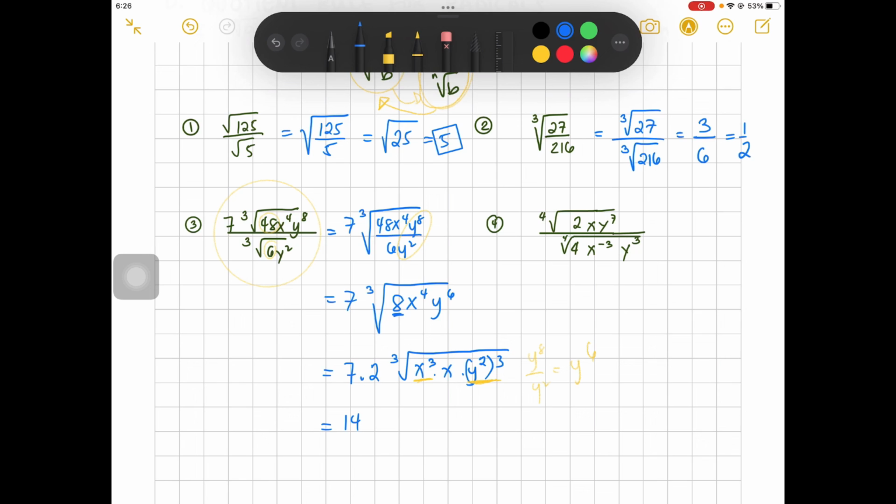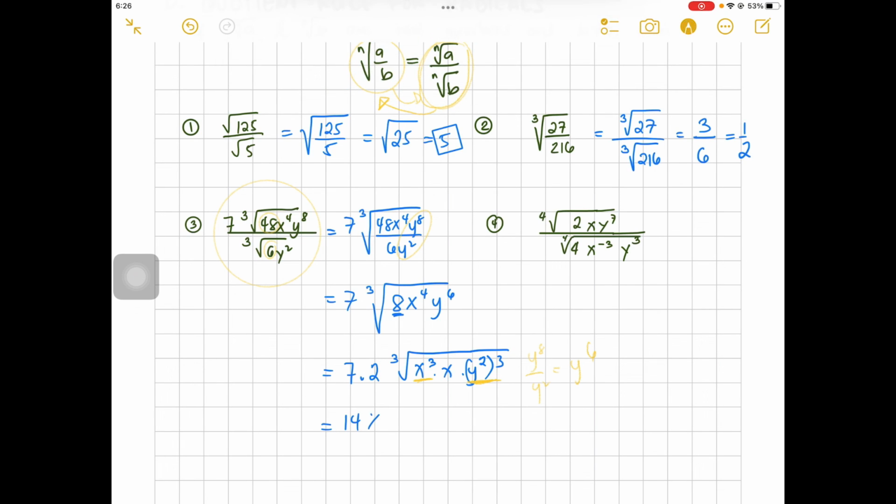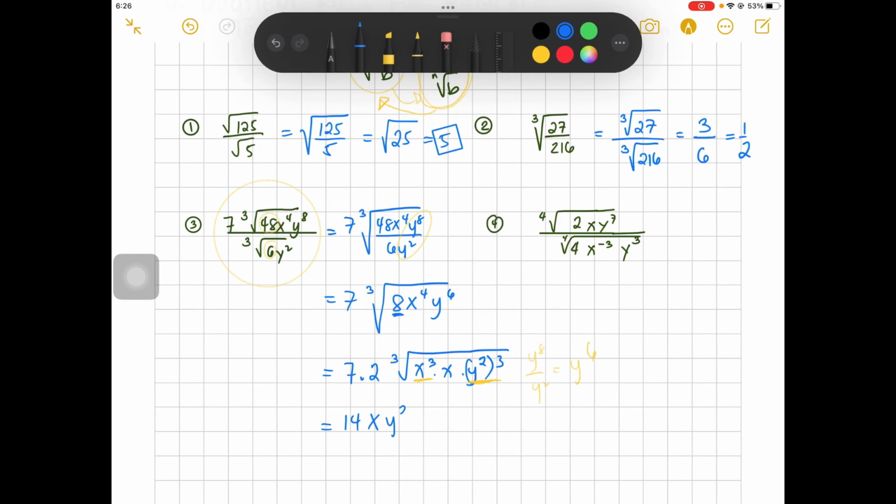Pwede mo namang isa-isahin ulit yung square root, pero pwede na nating idiretso. So matitira dito ay cube root of x cube, that is x, times cube root of y squared cube, that is y squared. And then, kung ano yung naiwan dito, x. So yan na yung ating answer.